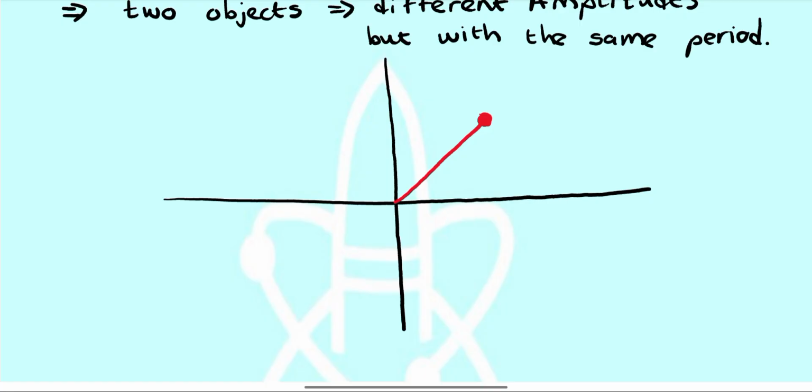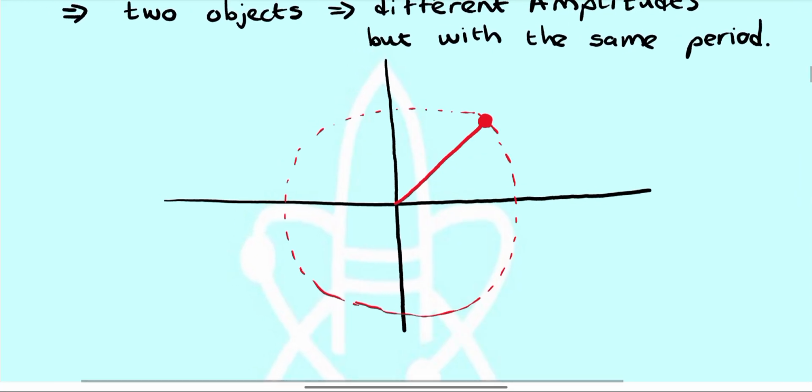I'm going to draw my circle. This pendulum is moving in circular motion, okay? And then on the right, we are going to put a screen that is going to trace the shadow of this pendulum.